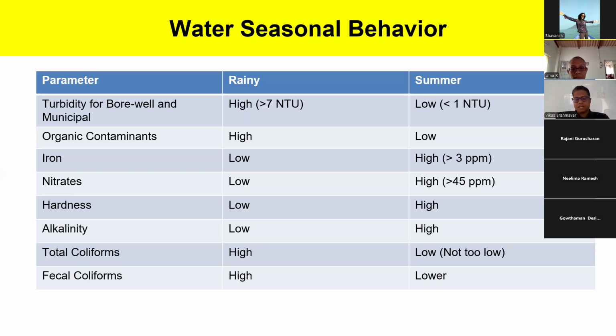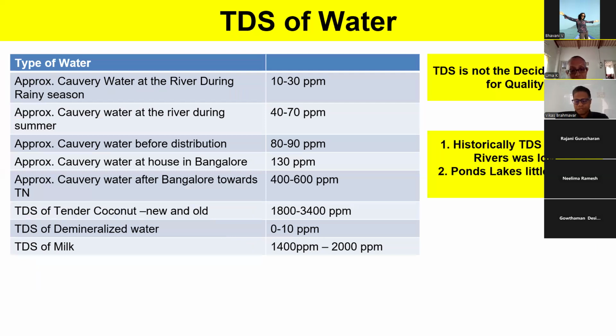During summer, turbidity is lower, organic contamination is lesser, iron is higher, maybe as precipitate is leaching out, nitrate suddenly becomes higher, and hardness becomes higher. We generally assume that during rain nitrate should become higher, but maybe it is precipitating somewhere. But based on the reports, this is what we see. Fecal coliforms and total coliforms are generally lower in the water during summer.